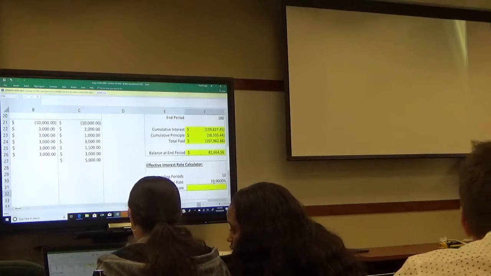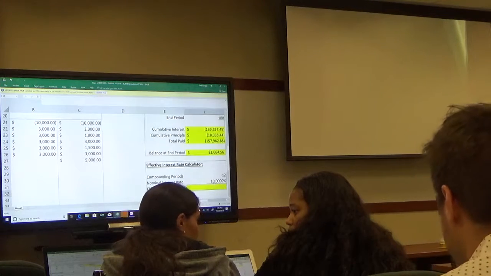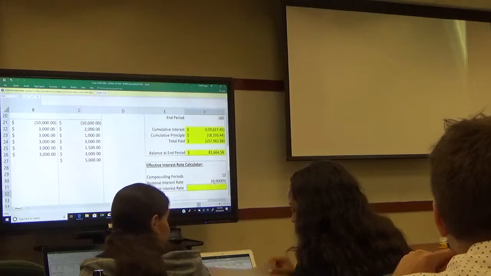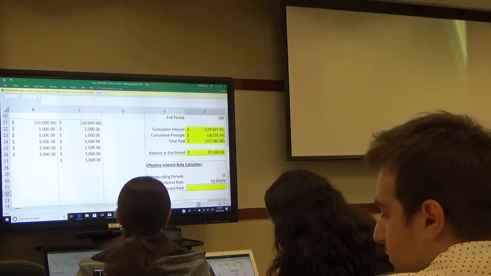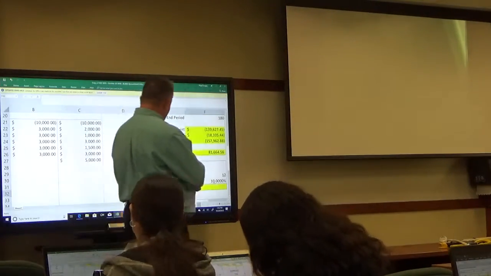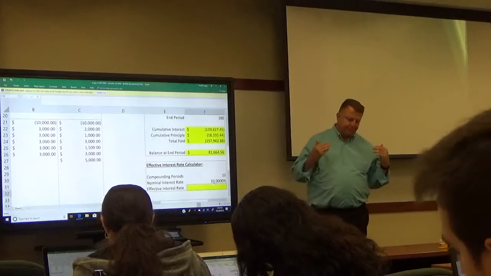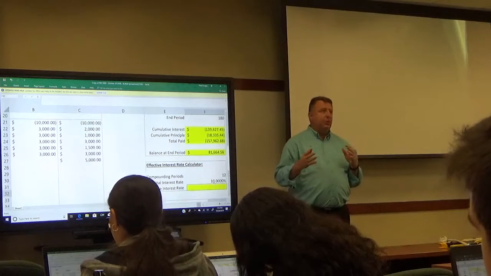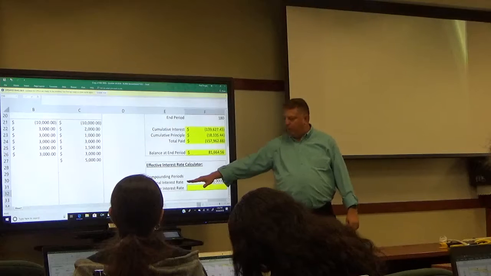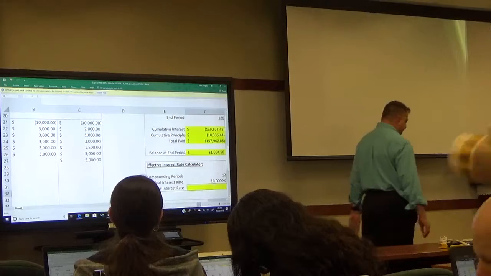Okay, so let's skip down to this next little thing called the effective interest rate calculator. One of the things that we didn't really talk about this morning is the difference between what is referred to as a nominal interest rate and an effective interest rate.